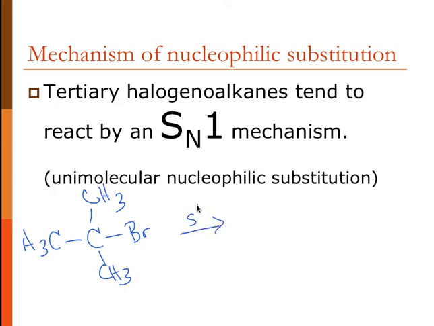And this will happen slowly. The curly arrows show the movement of the electrons. The electron pair moves to this bromine. Okay. They are a polar bond.